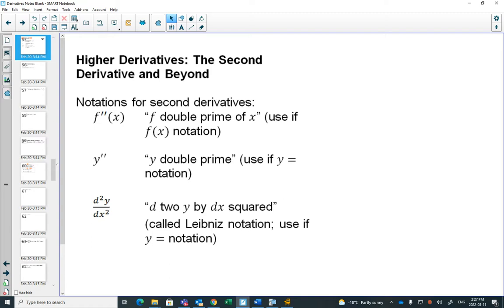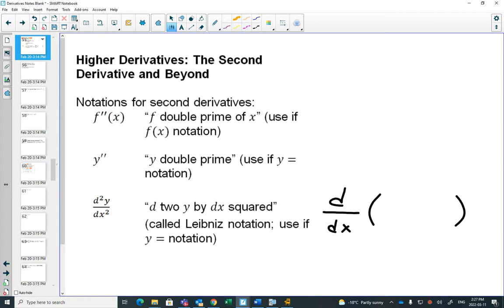And in Leibniz notation, it's d2y by dx squared. The reason we have this notation is because when you're doing the derivative in Leibniz notation, remember I wrote that in implicit differentiation?